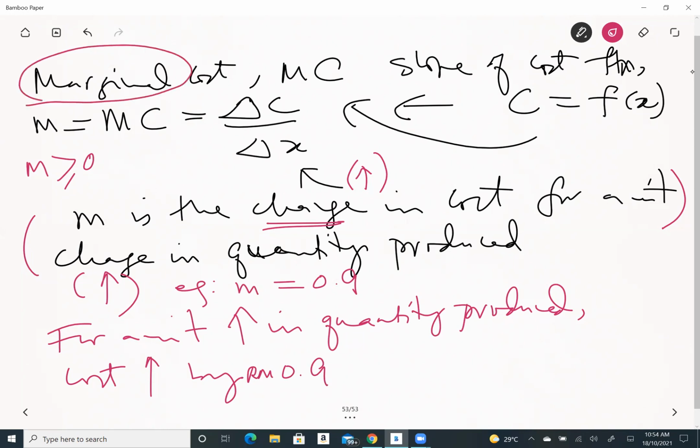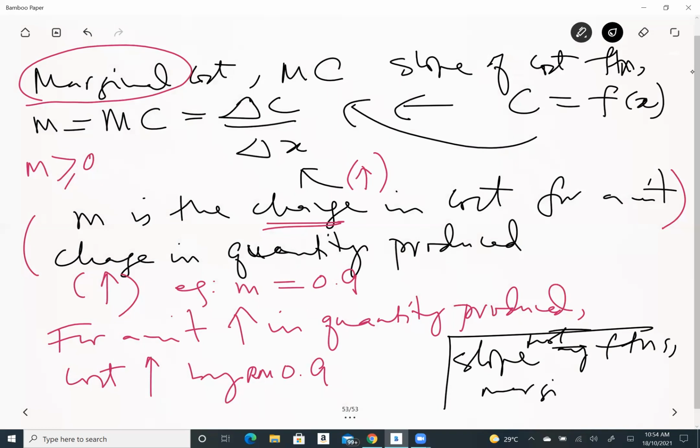It's not difficult to see that in economics, the slope of most functions in economics, they call it marginal. Marginal, the name of the function.